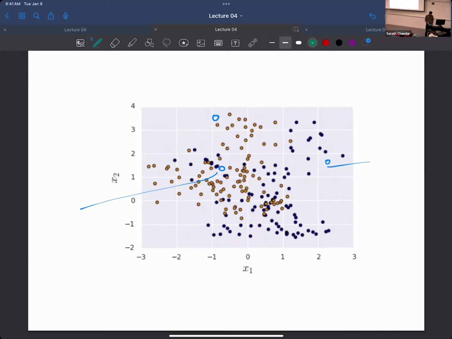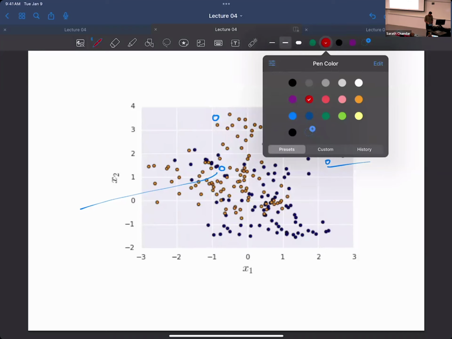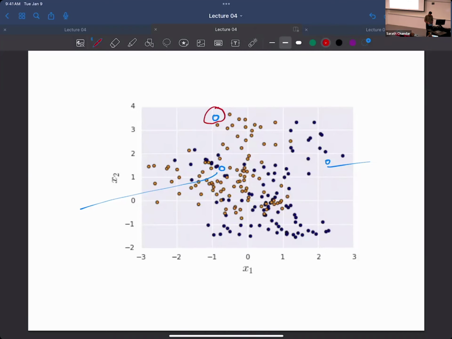Let's say somebody gave me this particular example. What do you think would be the class for this example?